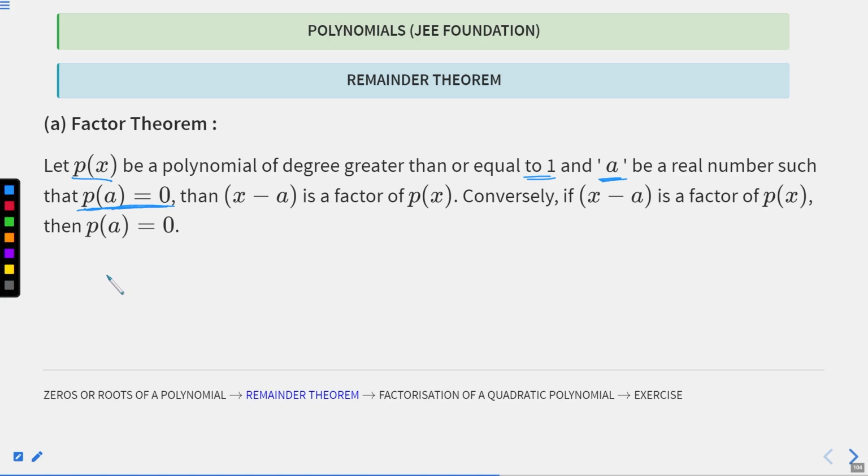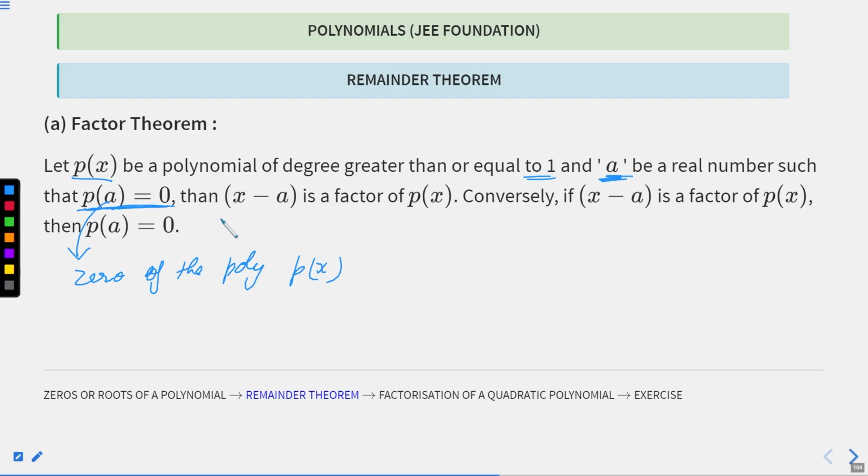Any number which on putting in place of x gives the polynomial expression equal to 0, then that value will be called the 0 of that polynomial. So here a is such a value that p(a) is equal to 0, that means a is a 0 of the polynomial p(x). Okay, I hope this is clear.